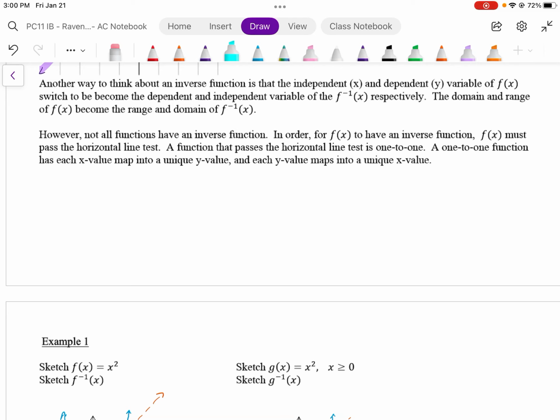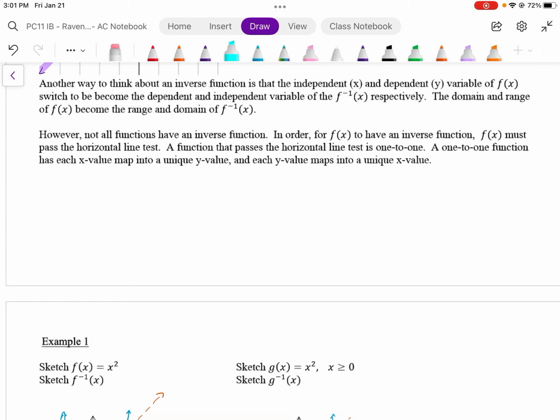The domain and range of f of x become the range and the domain of f inverse. Although this is complicated in words, really it's just a consequence of the x's and y's switching. The x and y of f of x turn into the y and x on the inverse. They switch. Same with domain and range.